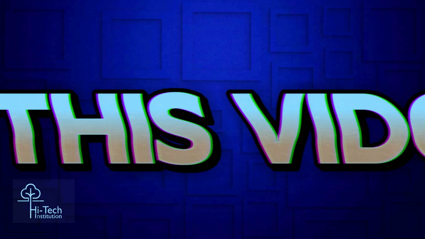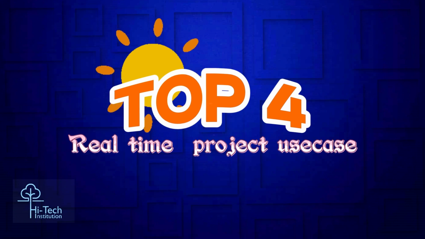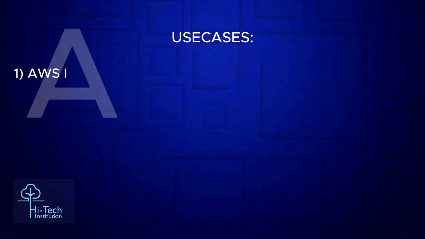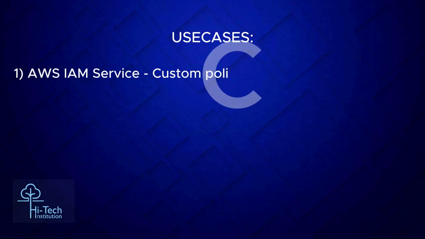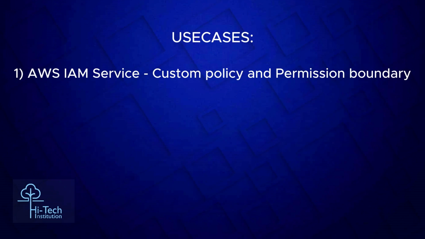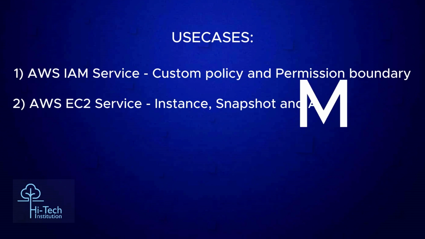In this video, I'm going to talk about the top 4 real-time project use cases. Use case number 1: how IAM custom policy and permission boundary work in a real project. Use case number 2: how people utilize EC2 service, instances, AMI, snapshots, and backup strategy.